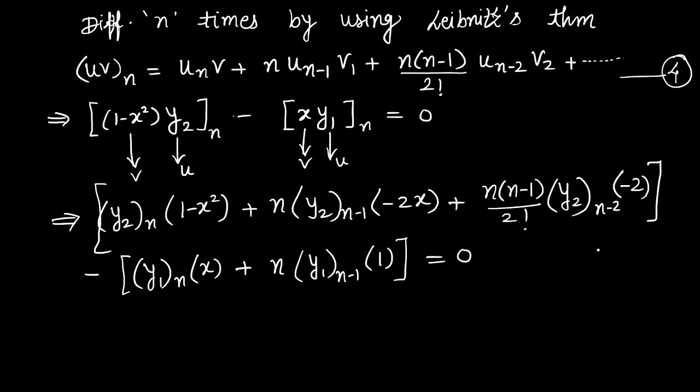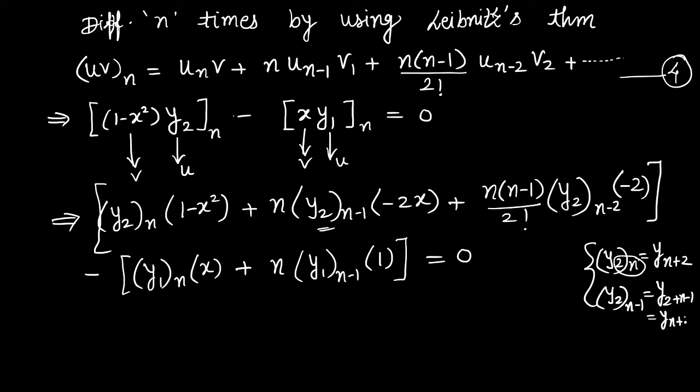For simplifying, y2 its nth derivative, in a simple way we have to write n plus 2, that means addition of these orders. In the second term, y2 its n minus 1 derivative, that means 2 plus n minus 1, so we get n plus 1.